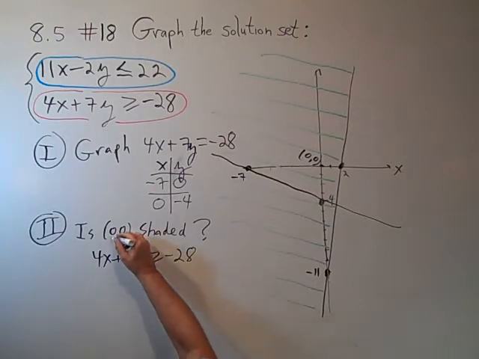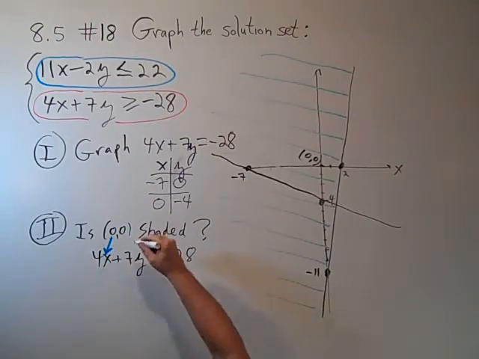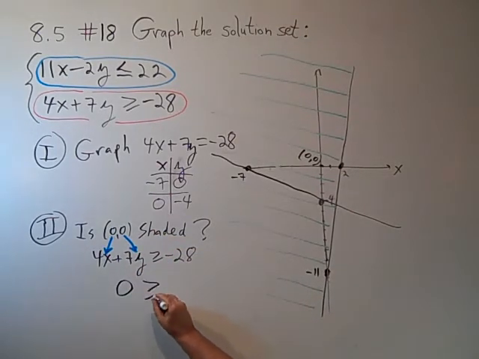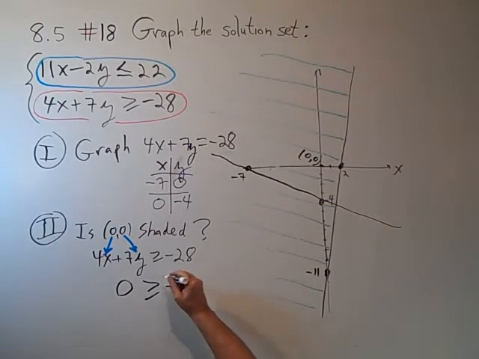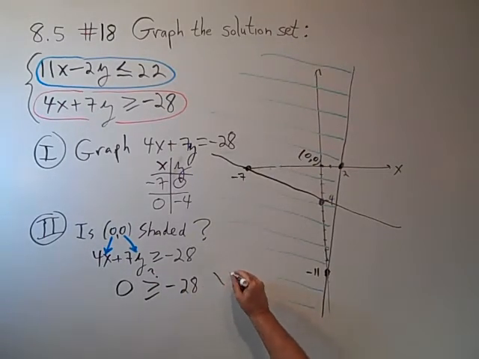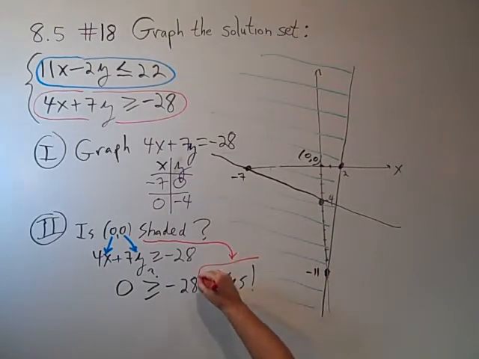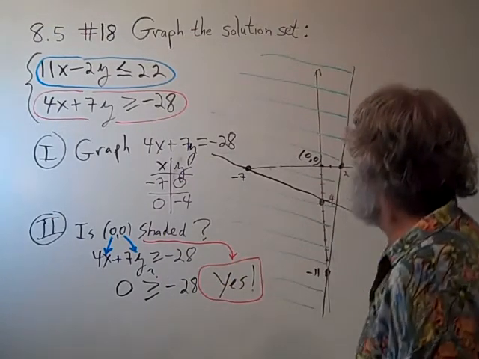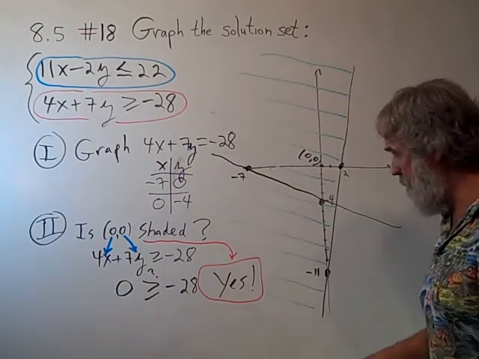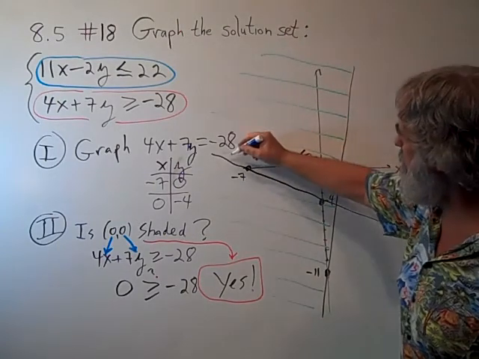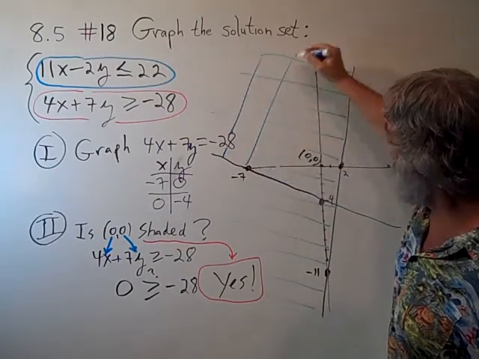So if we substitute x equals 0 and y equals 0, the left becomes 0, and 0 is indeed bigger than negative 28. So the answer to our question about the shading is yes, the origin is shaded. So we shade the origin side of the second line that we just graphed.